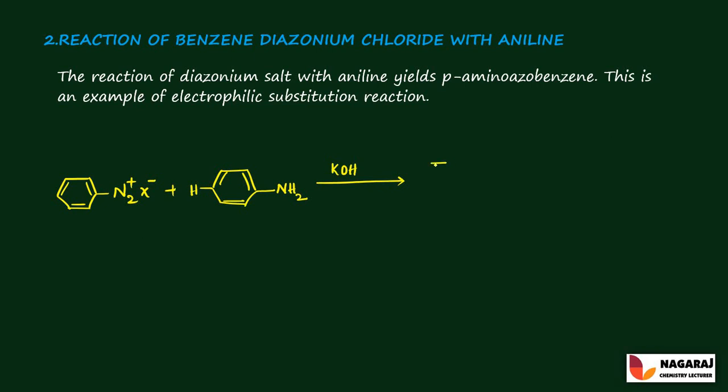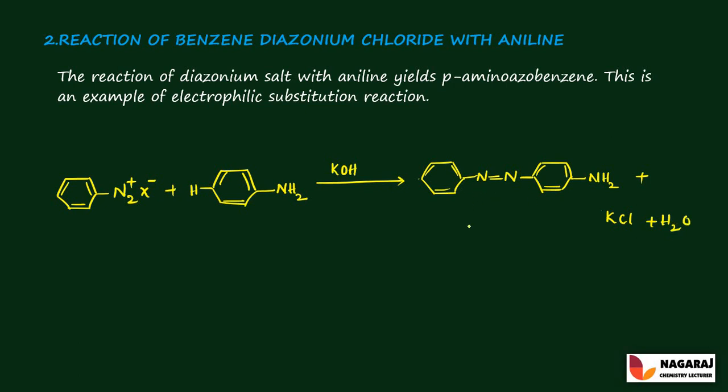It gives the arene ring joined through the N=N bond to the other ring, with NH2 present at the para position, and the byproducts are potassium chloride and H2O.